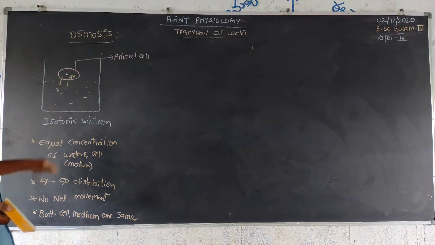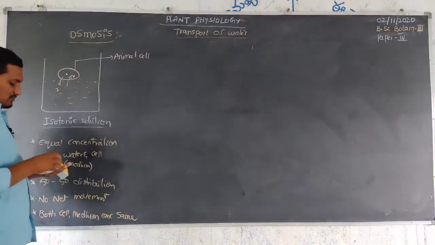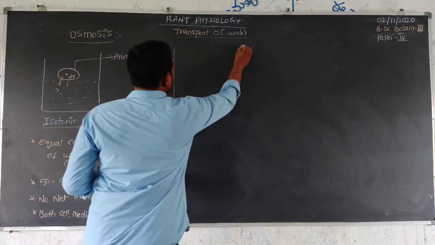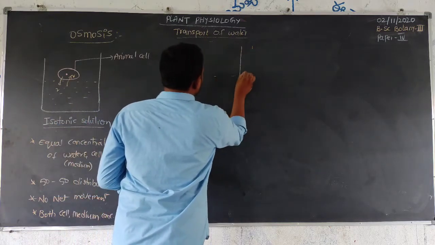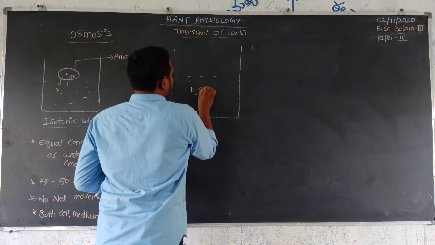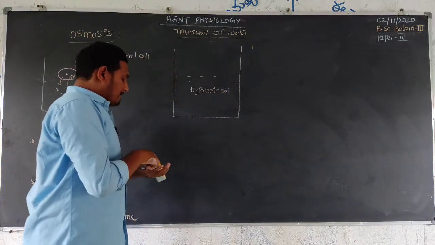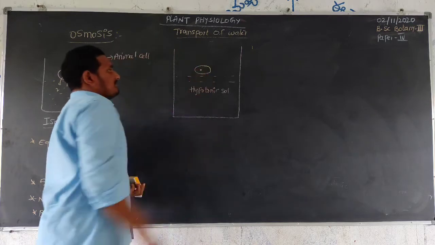That's why it is an isotonic solution. Next, hypotonic solution. This is hypotonic solution. And the plant cell we keep in this medium.